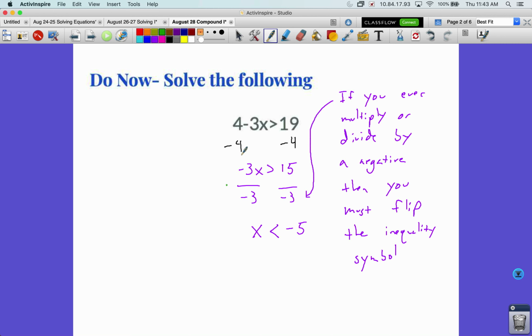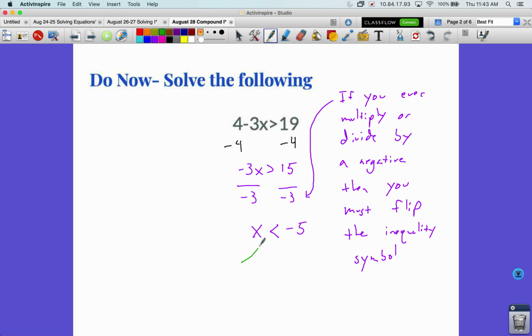This is something else we haven't talked about, which is how do we double check our solutions to inequalities. If we want to check our solution, we can't just plug in negative 5, because negative 5 technically isn't even a solution. And even if this was a less than or equal to, if we plug in negative 5, it's not going to tell us if this is facing the right direction. So we want to pick a number that's well underneath negative 5.